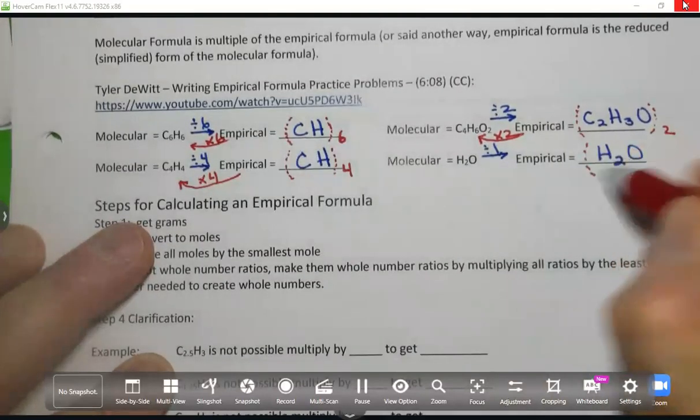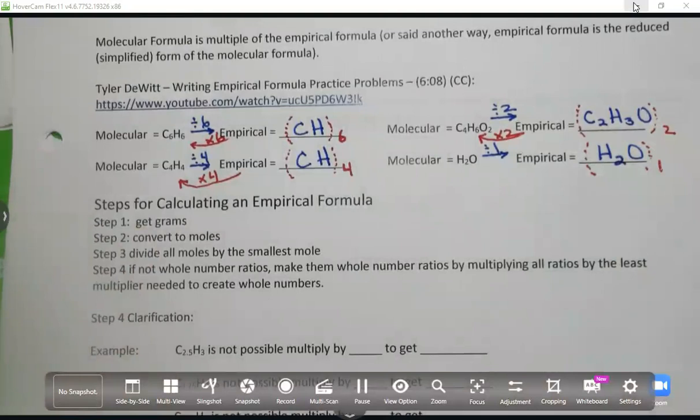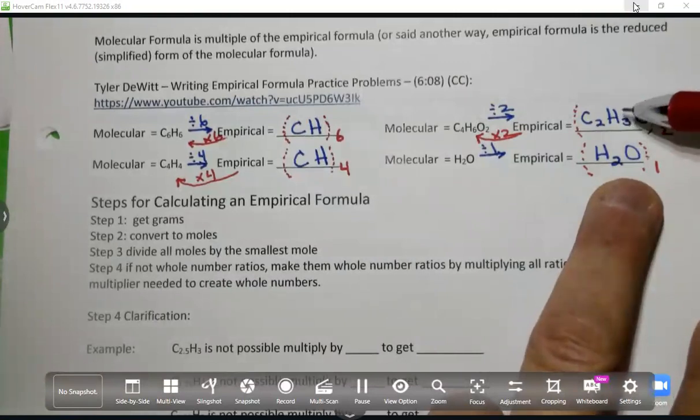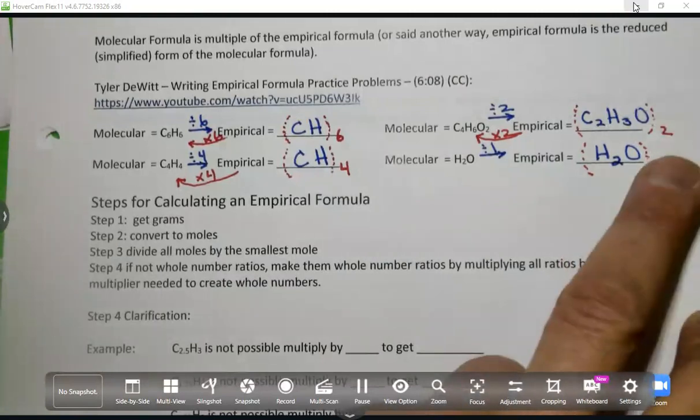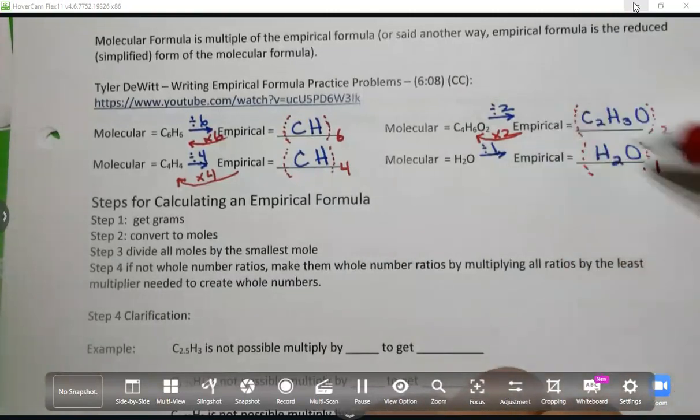In this one, it's still a 1. Let me summarize this again. We always calculate an empirical formula first. From the empirical formula, we're going to calculate this multiplier. And then from that, we're going to get the molecular formula.